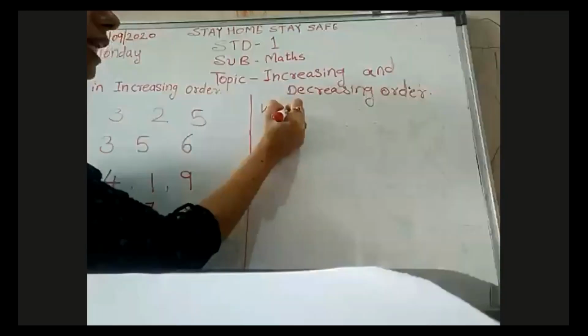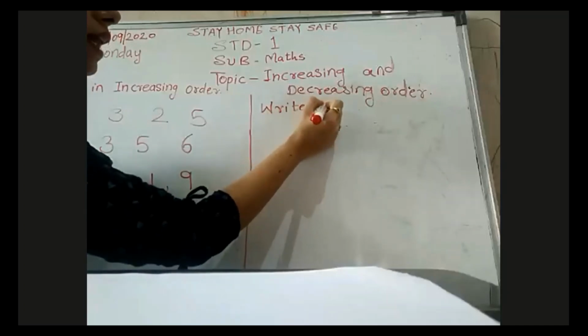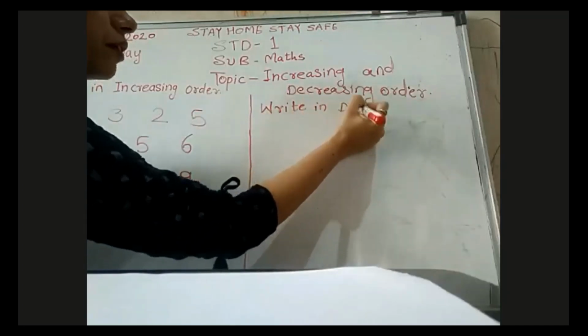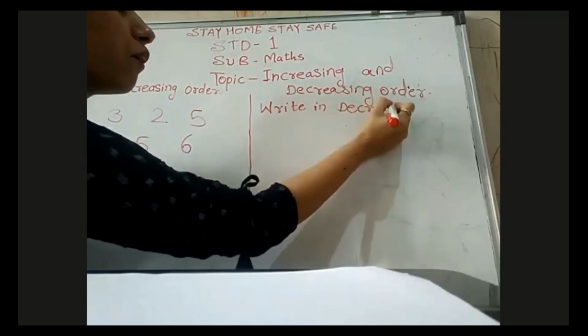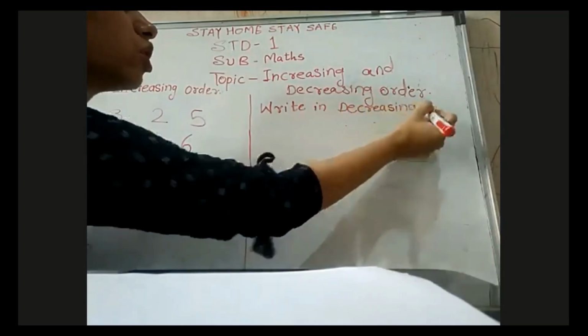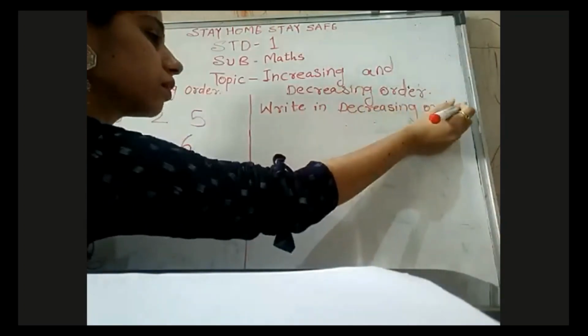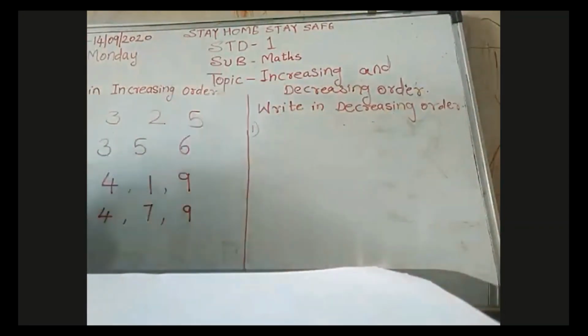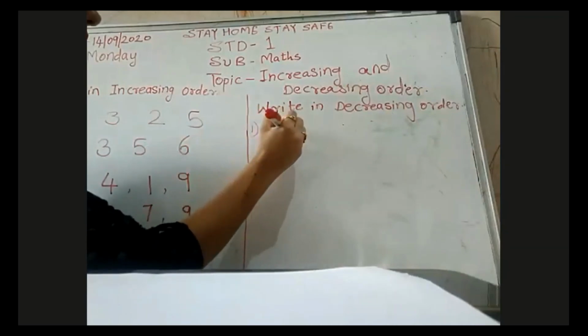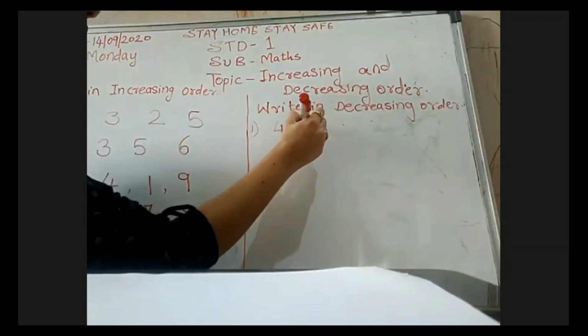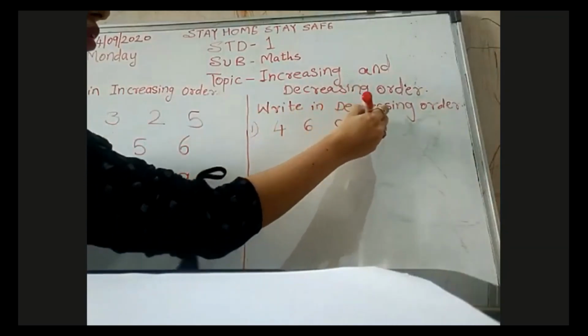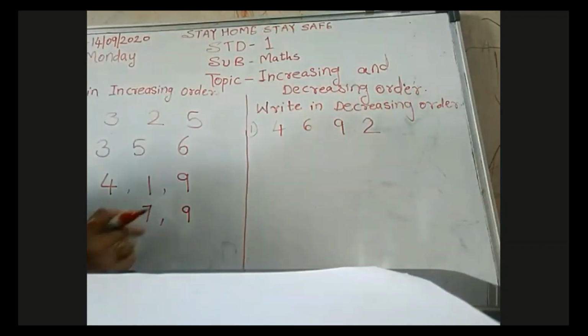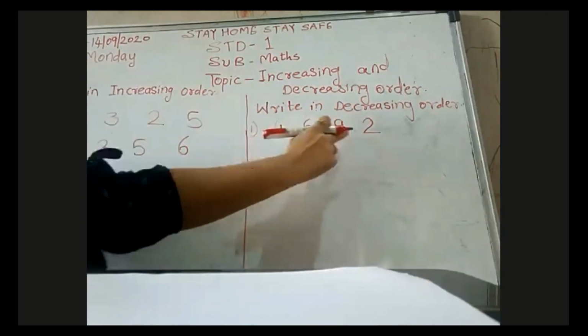Now decreasing order. Write in decreasing order. From bigger to smaller. Very good. Okay. 4, 9, 6.